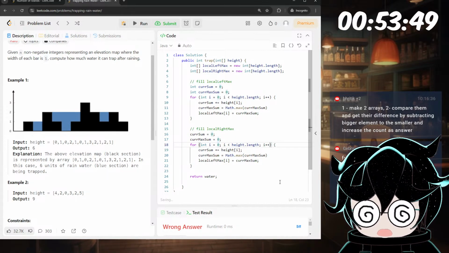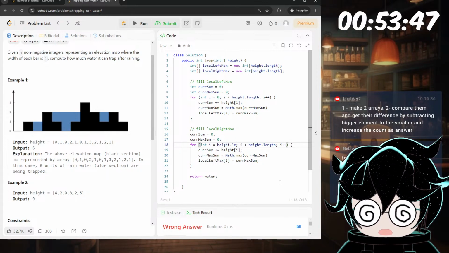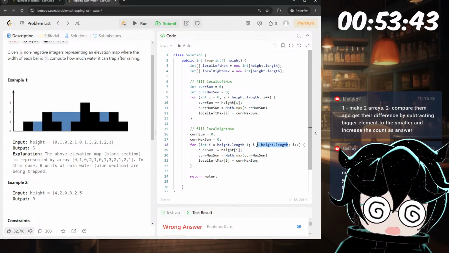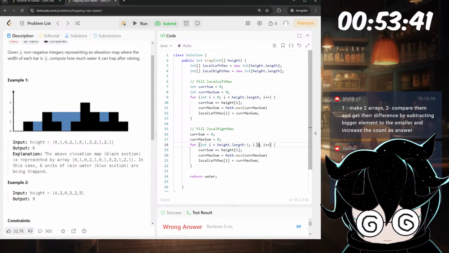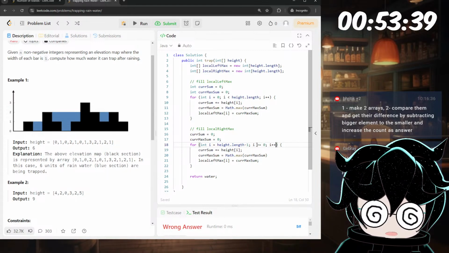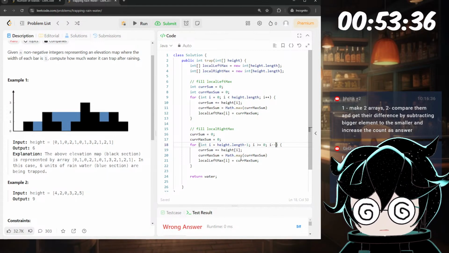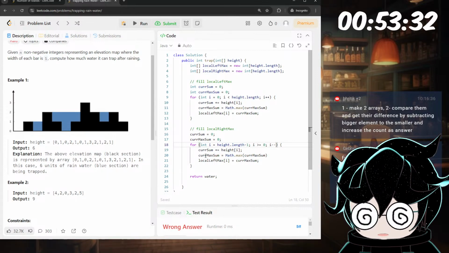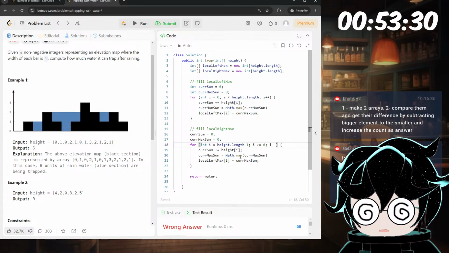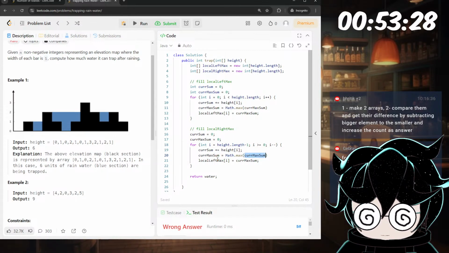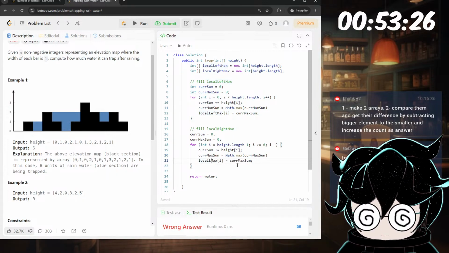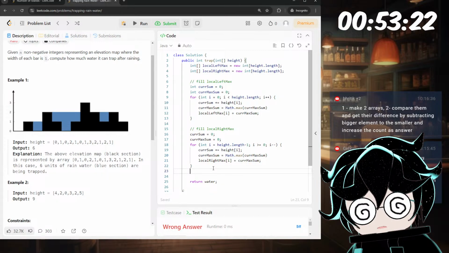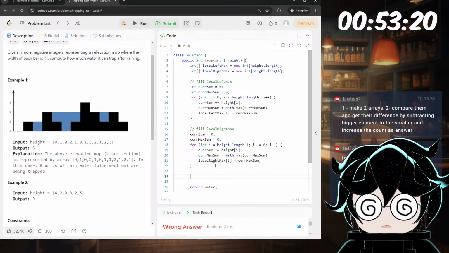I is equal to height.length minus 1, while I is greater than or equal to 0, I minus minus. Current sum plus equals height I. Current max sum is equal to Math.max of current sum and current max sum. Local right max I is equal to current max sum. Okay, those should be the prefix sums.